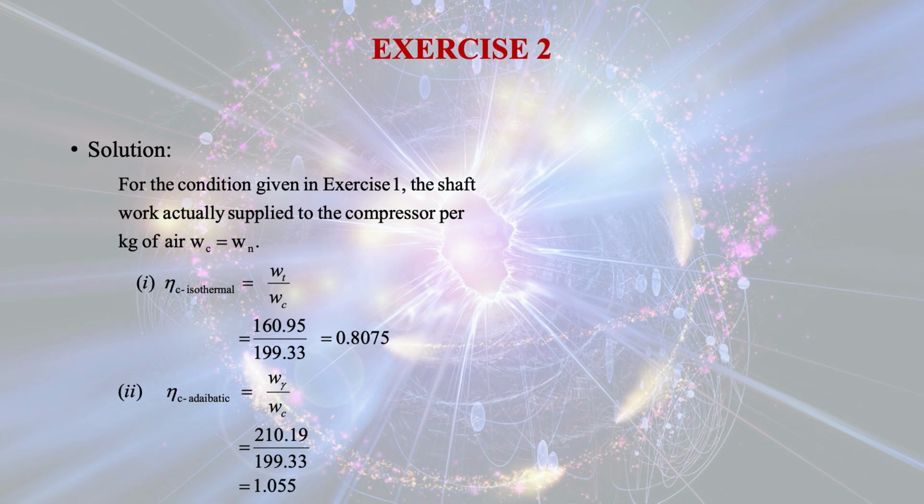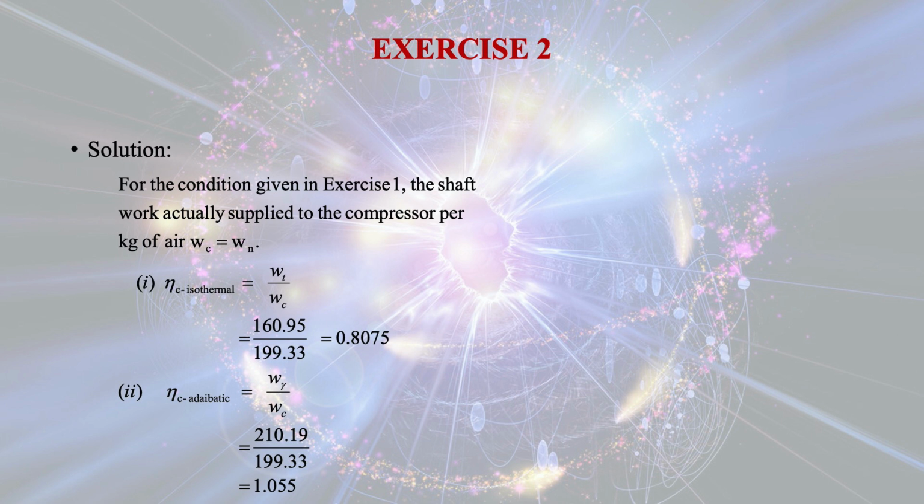So, eta C isothermal is equal to Wt by Wc. Wt and Wc are all known. So, if you put the values, you will get the efficiency as 0.8075.